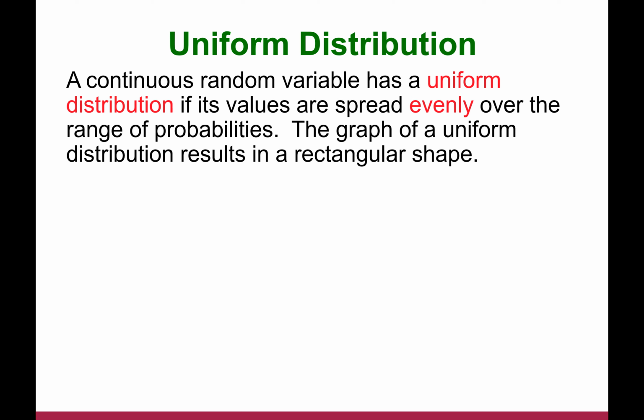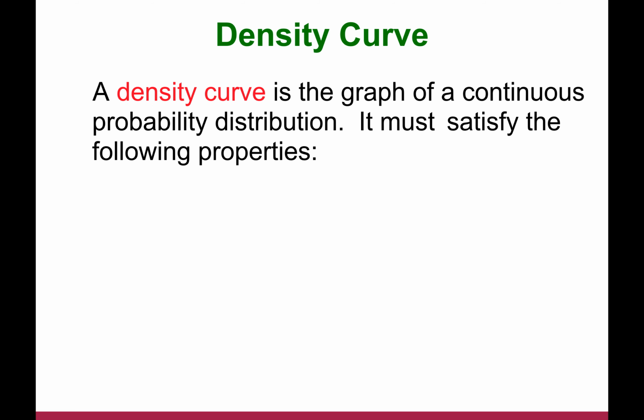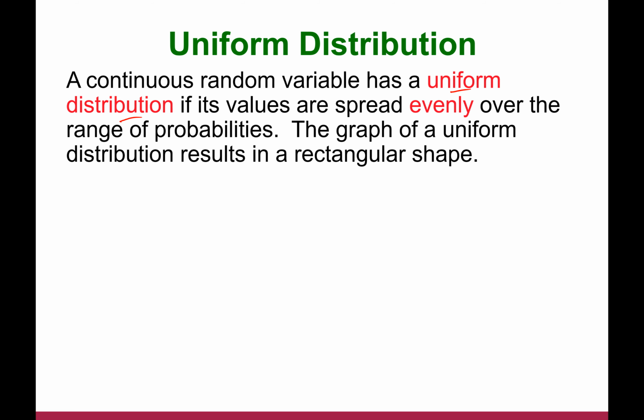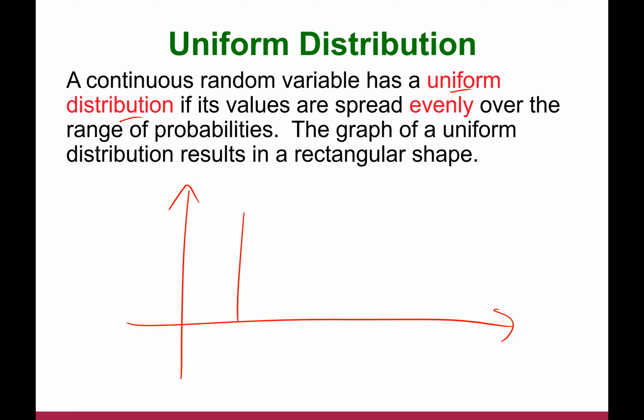So a continuous random variable has a uniform distribution if its values are spread evenly. That uniform distribution is basically represented using a rectangle. So right here, this is starting point A, ending point B. Uniform probability distribution is another type of probability distribution.